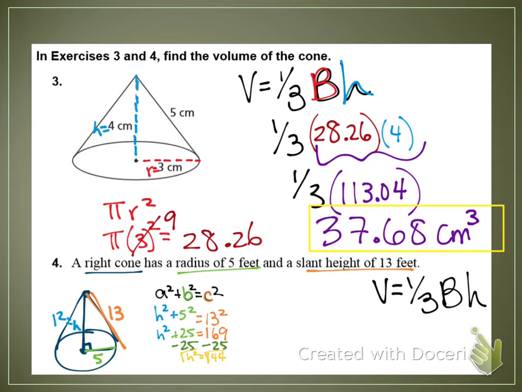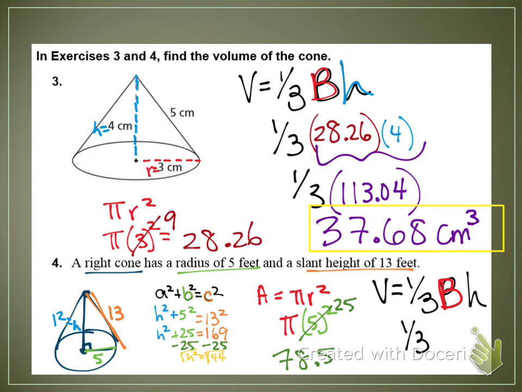All right, so we found the height. We need to find the area of the base. So the area of the base, we would use pi r squared. So the radius is 5. 5 squared is 25. What is 25 times 3.14? 78.5.